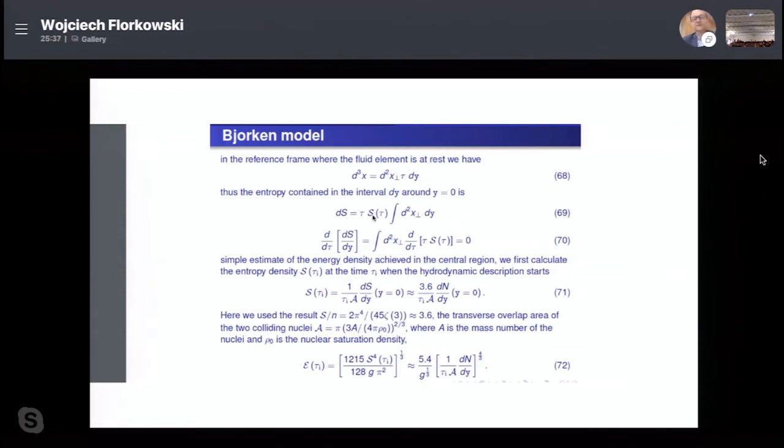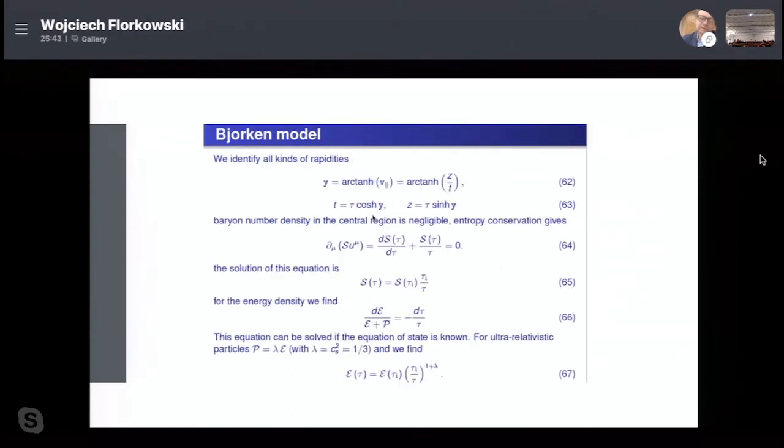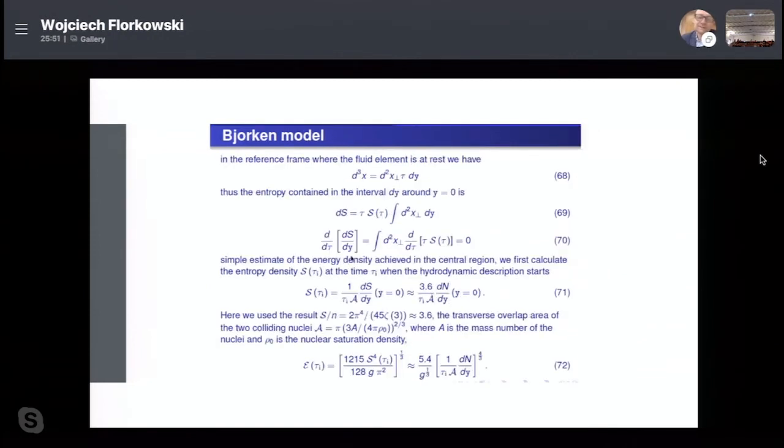But this quantity is conserved, because if we look into the solution of the entropy equation, the product of s and tau doesn't change with time. So actually, the most important result was that the entropy of the system per unit rapidity doesn't change in time. It's constant.